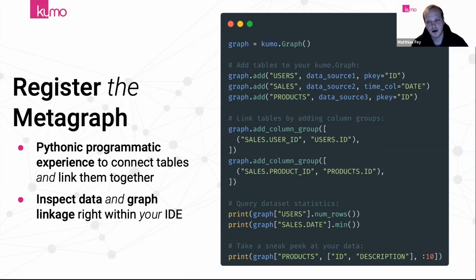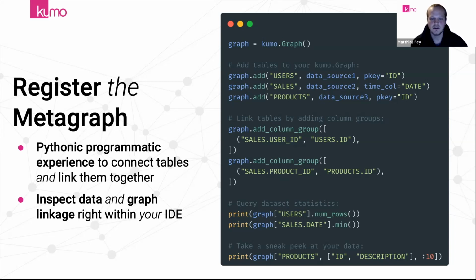Importantly, you can also add metadata to these tables, such as what is the primary key, what is the time column of a specific fact table, and so on. And then we provide an interface to link these tables together by using the concept of a column group.